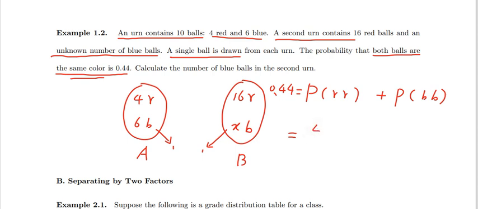Getting a red one from here is 4/10, and from here getting a red one is 16 over a total of 16 plus X. Plus both of them are blue ones. Blue one is 6/10, and here it is X over 16 plus X. So we get this equation, and this equals 0.44, so we can find this X.